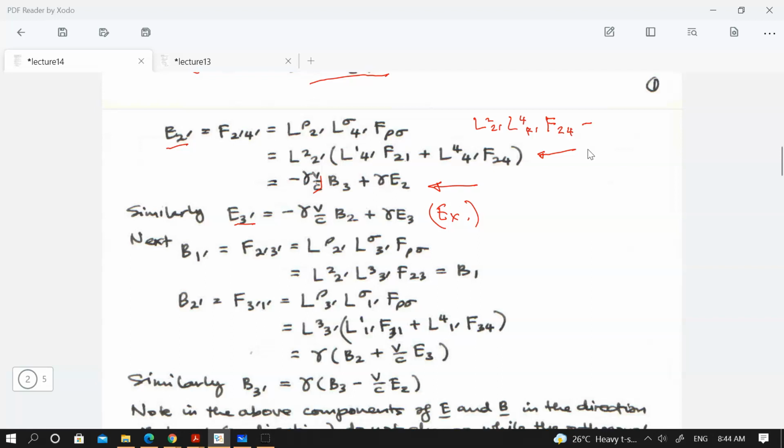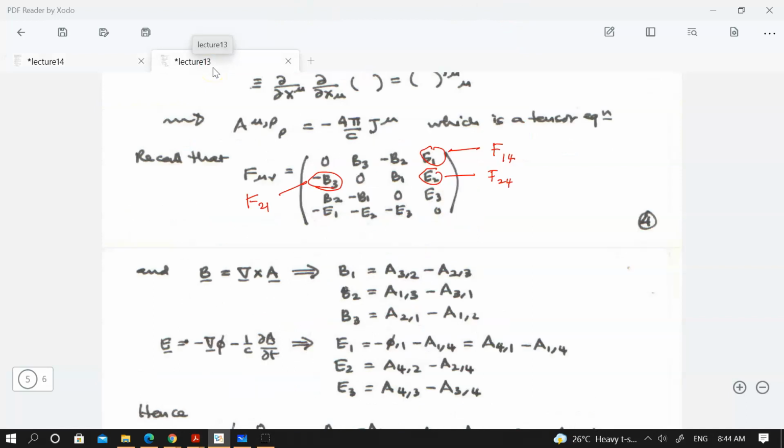Let's proceed for the case of the magnetic field, say the first component. Okay, so if you look at where the first component appears, it appears in the second row, third column. Okay, so you need F2 3.